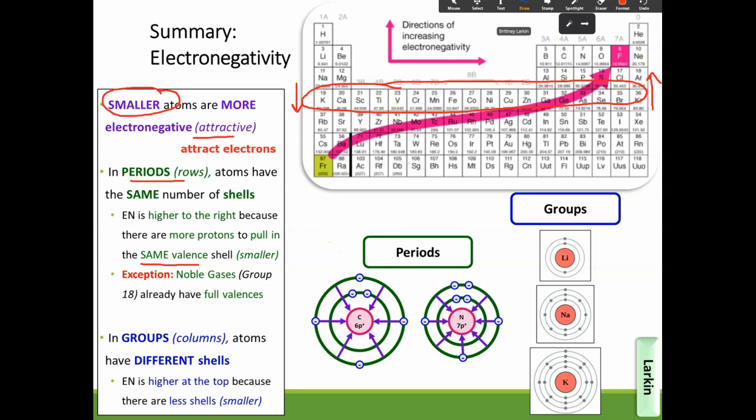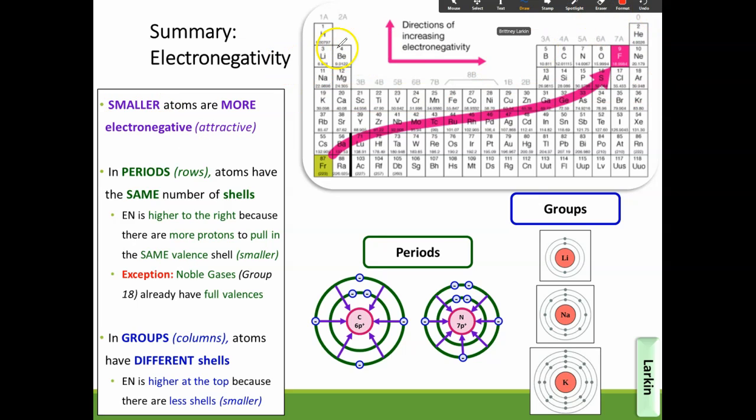So for example, let me take a look at this row right here. This is this period, okay? Carbon and nitrogen are both in the same period, specifically the second period, the second row, and so they both have 2 shells. You can see right here that carbon has 2 green shells, and nitrogen has 2 green shells.